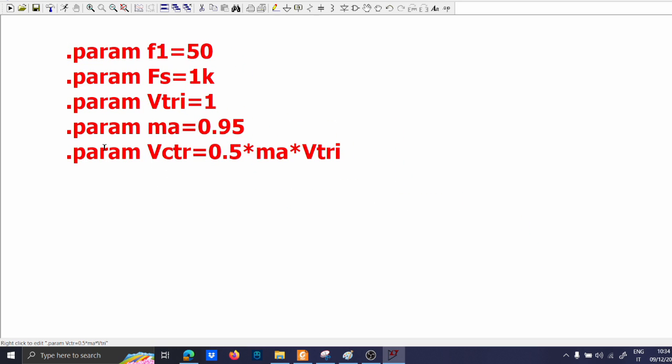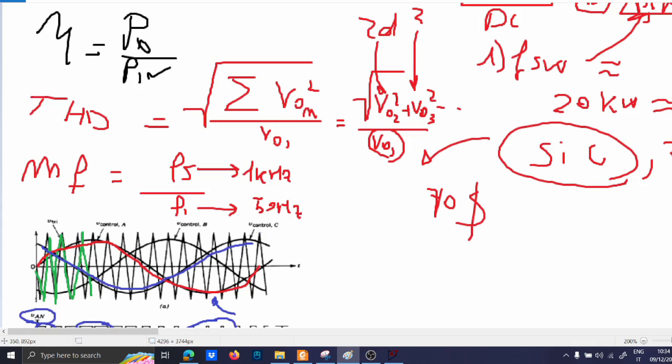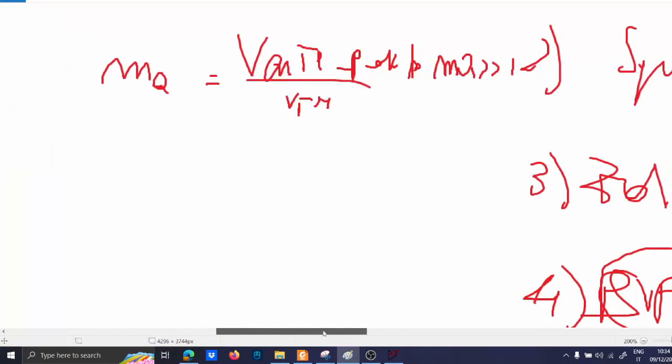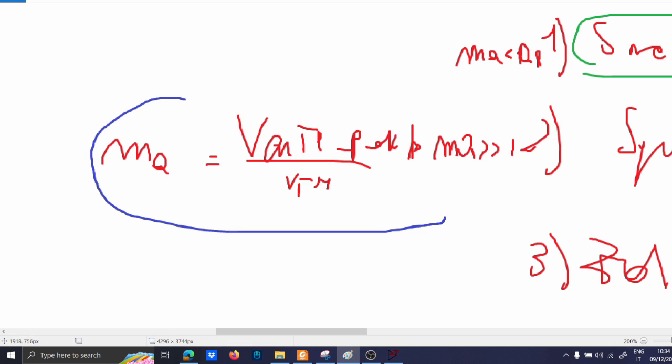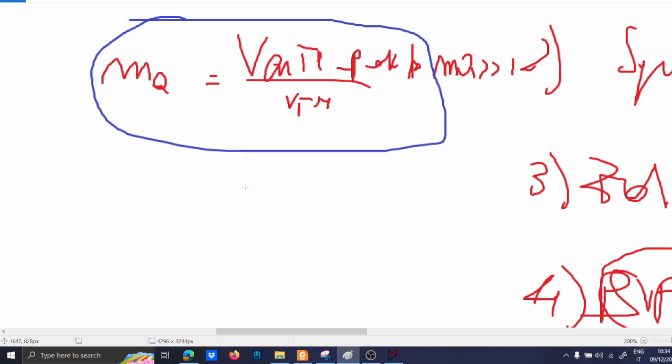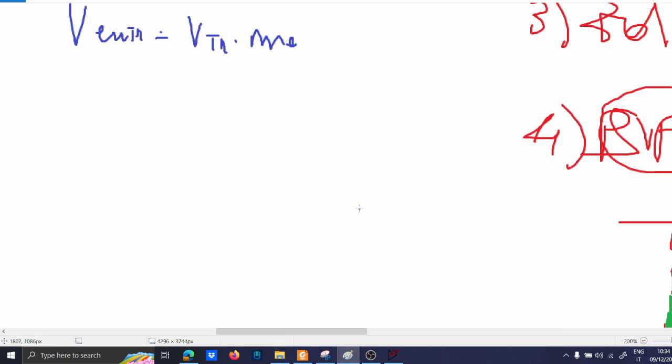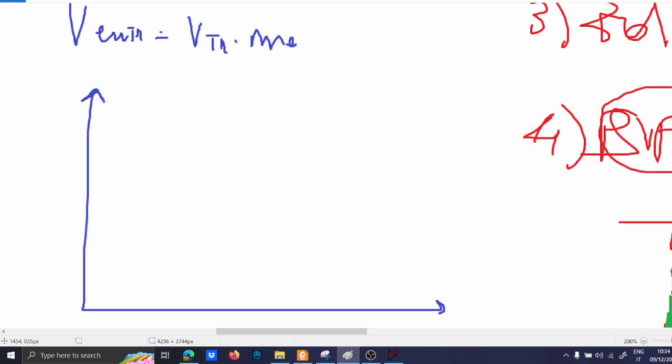Maybe you didn't catch this parameter here, but basically from the amplitude modulation factor definition, which is here, you can study the sine voltage, V control, which is equal to V triangular times MA, and based on the region, you will also have a very famous graph.